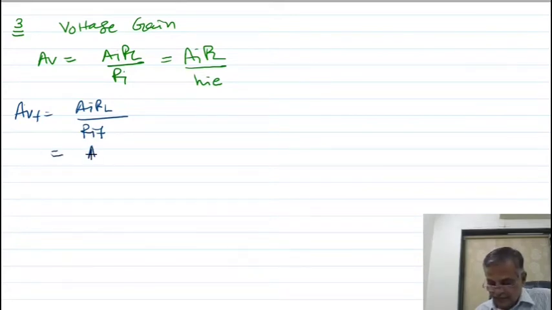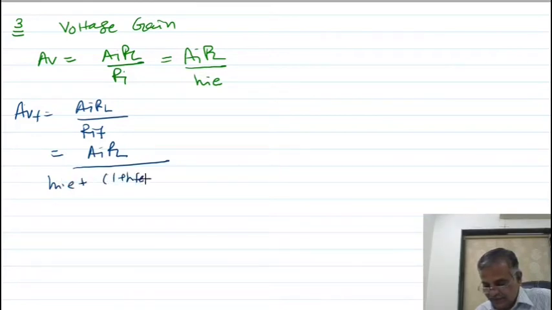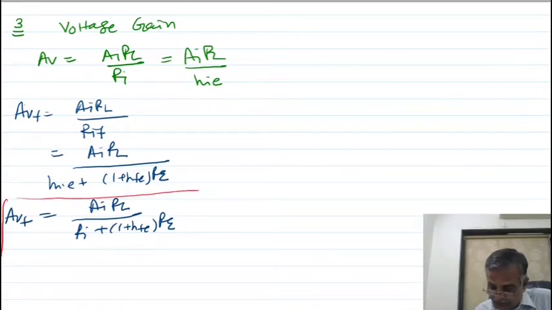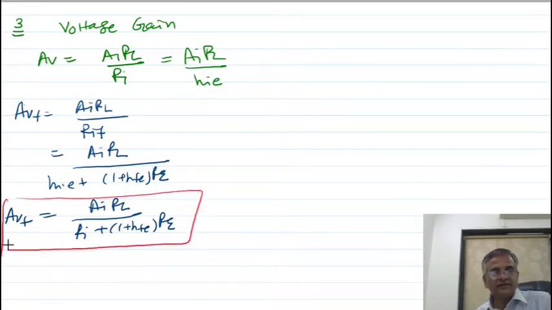What is Rif? You already know that. What is Rif? HIE plus 1 plus HAB into Re, already we have written, or you can write AI into RL upon Ri plus 1 plus HAB into Re. This is the voltage gain of the amplifier, the voltage gain for current series feedback.